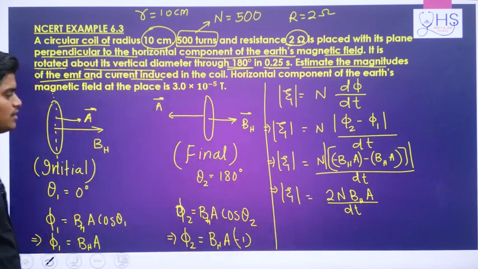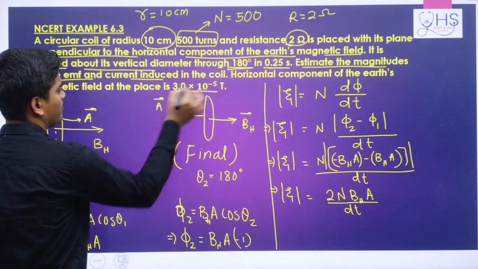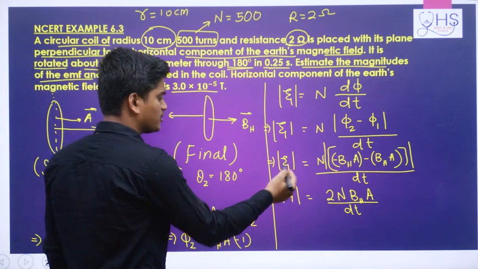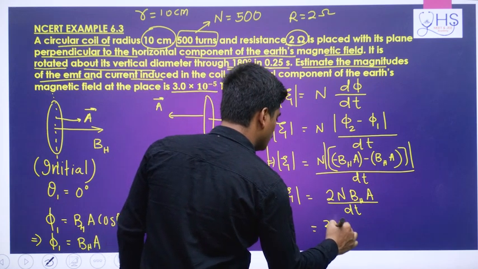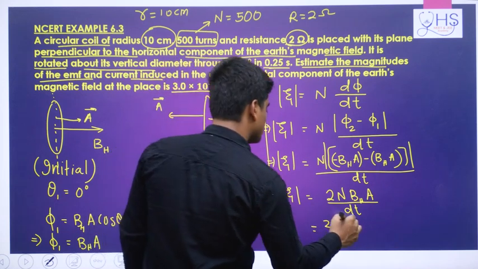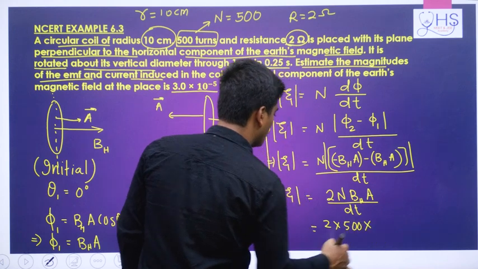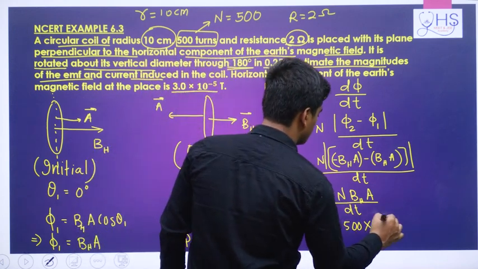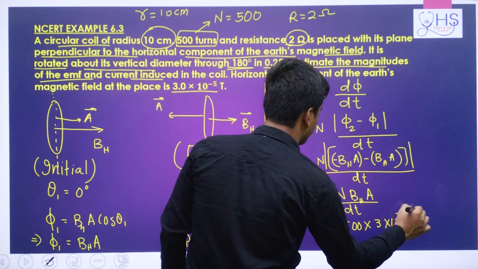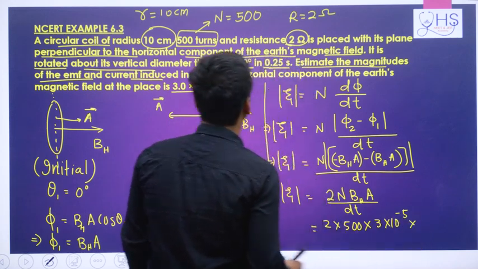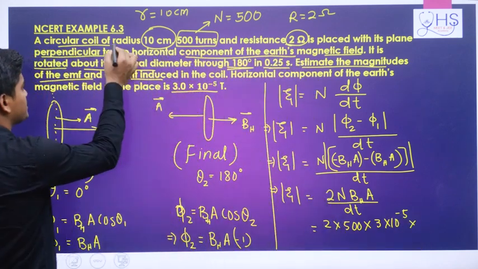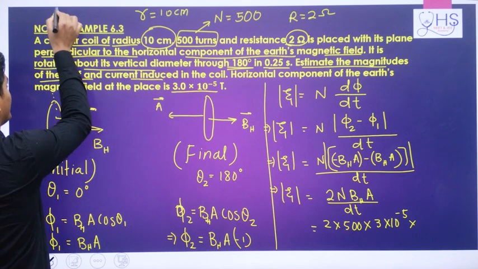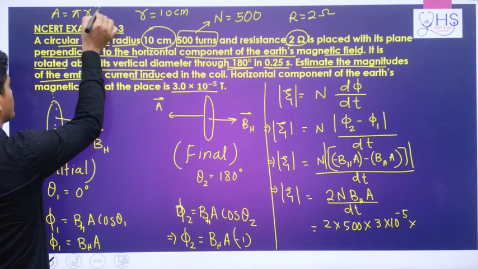Next, the horizontal component of the magnetic field is already given, and the number of turns is also there. So substitute 2 into the number of turns, 500, the horizontal component of the magnetic field, 3 into 10 to the power minus 5, and the area of the coil. The radius is given, and for a circular coil the area is pi r squared.